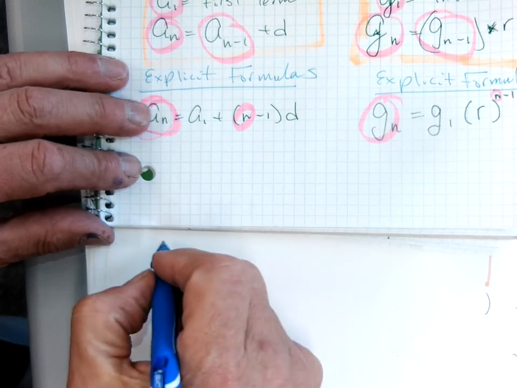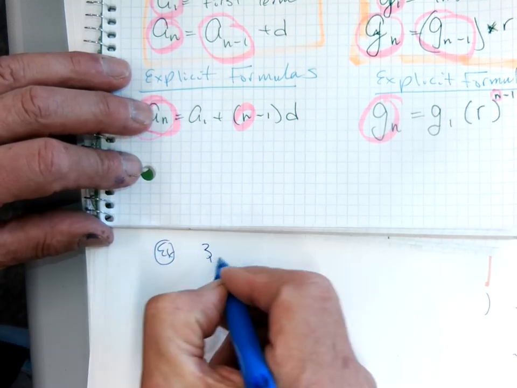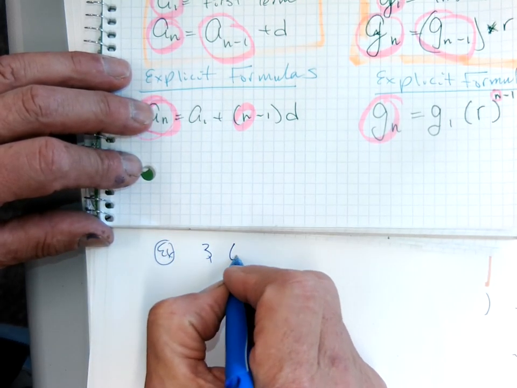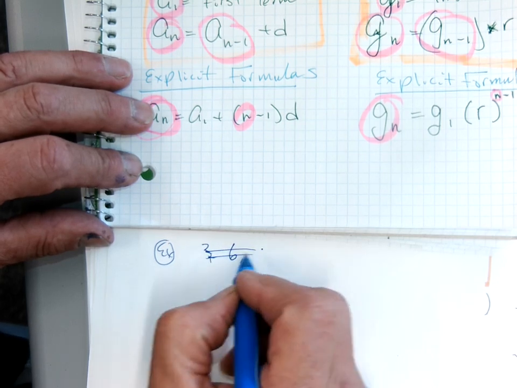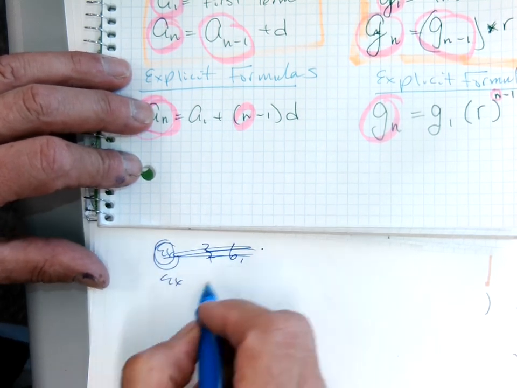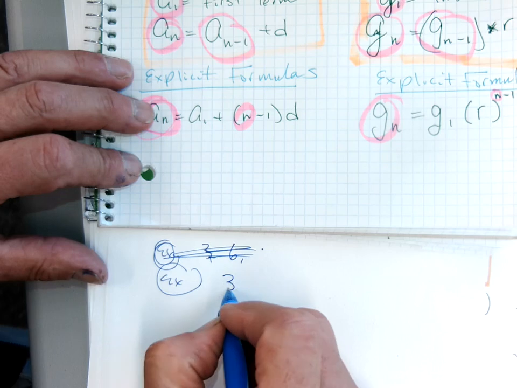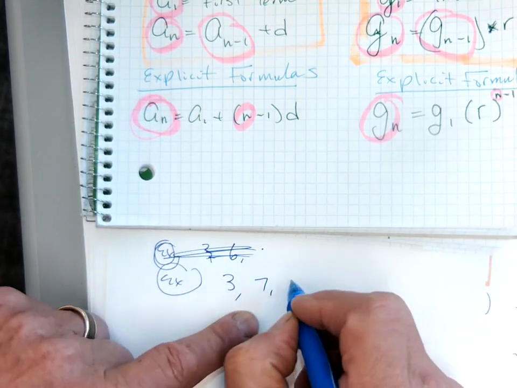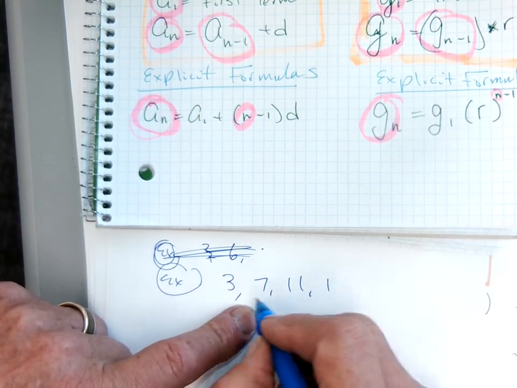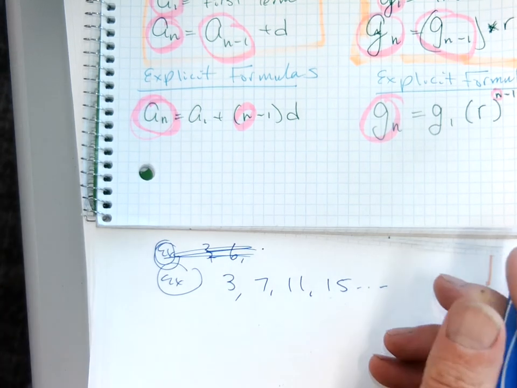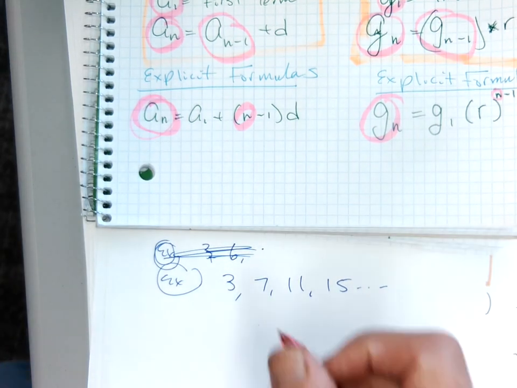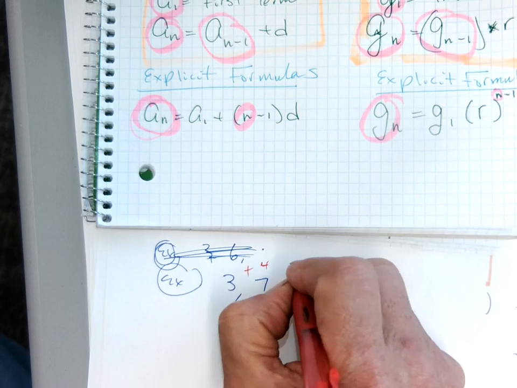Let's just say we have this formula example: 3, 7, 11, 15, and so on. We know it's arithmetic because we're adding 4 each time.